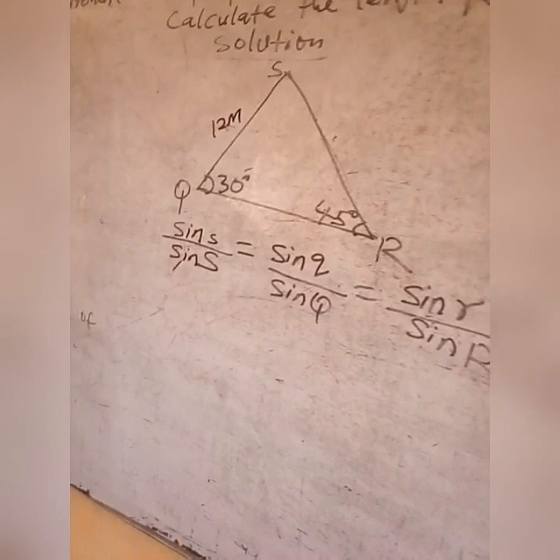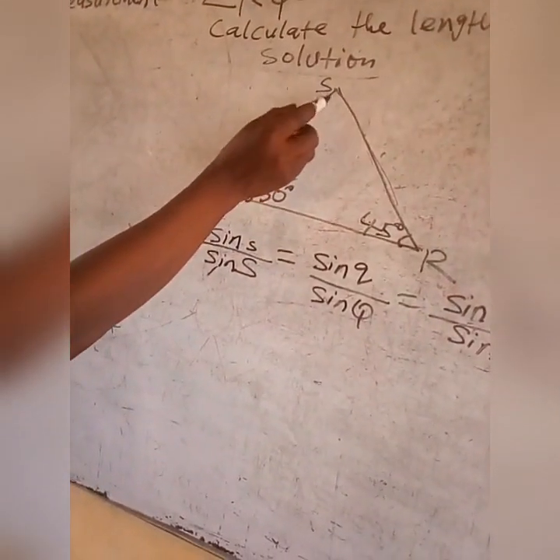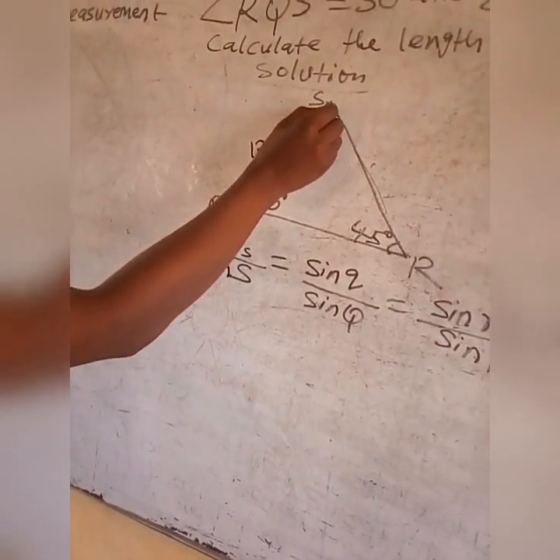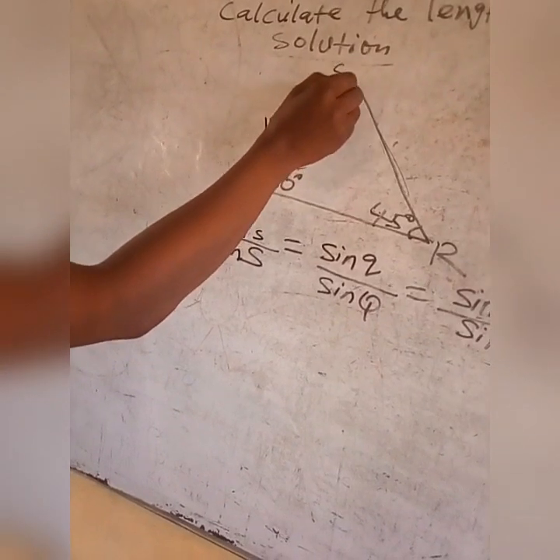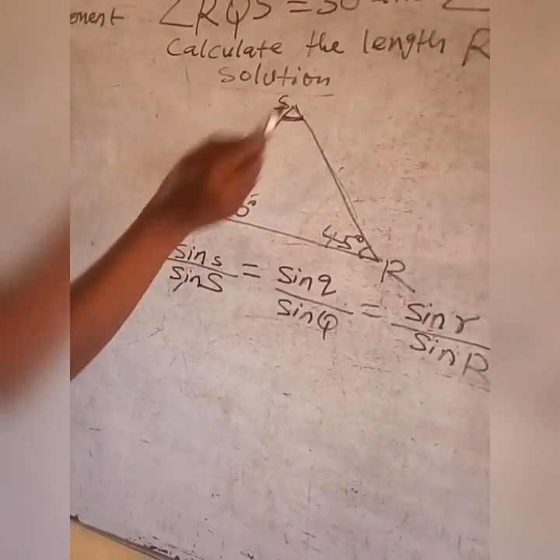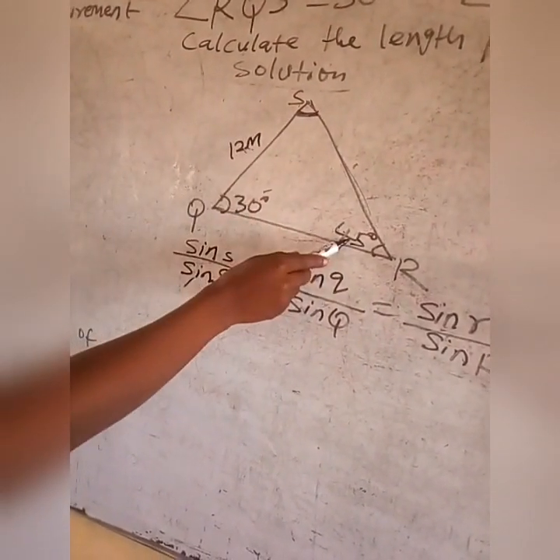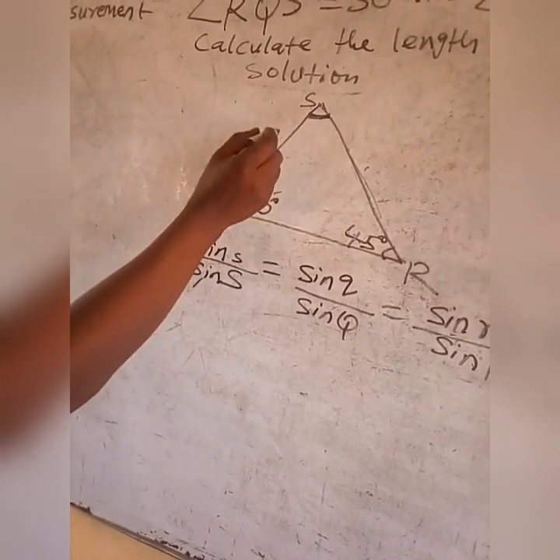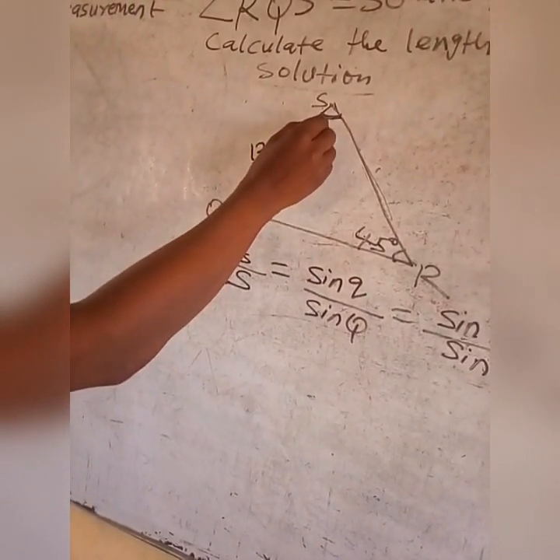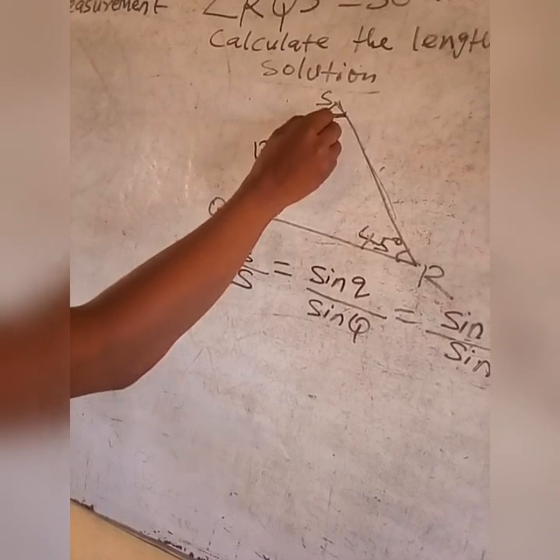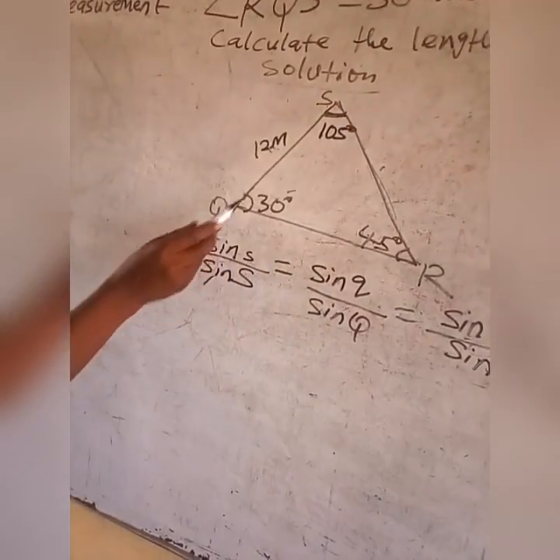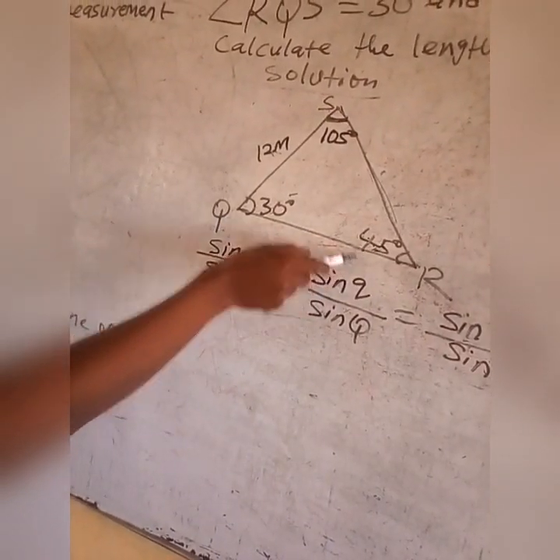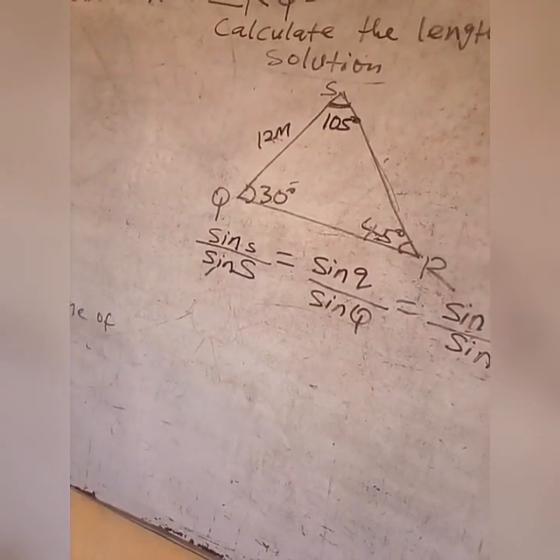Now to get this angle, this plus this is 75, and 180 minus it, which is the sum of angles of a triangle, gives 105 degrees.